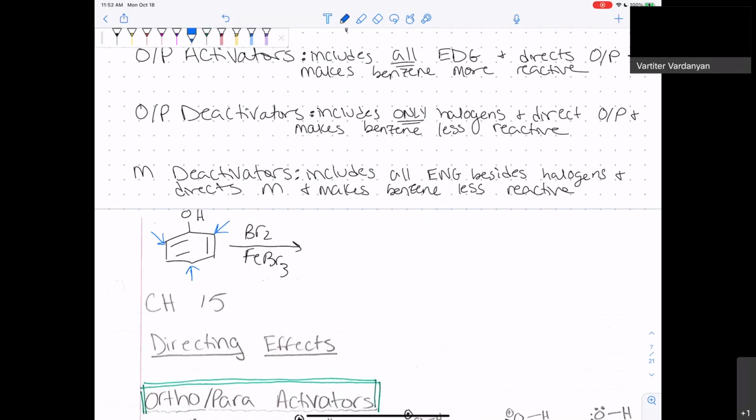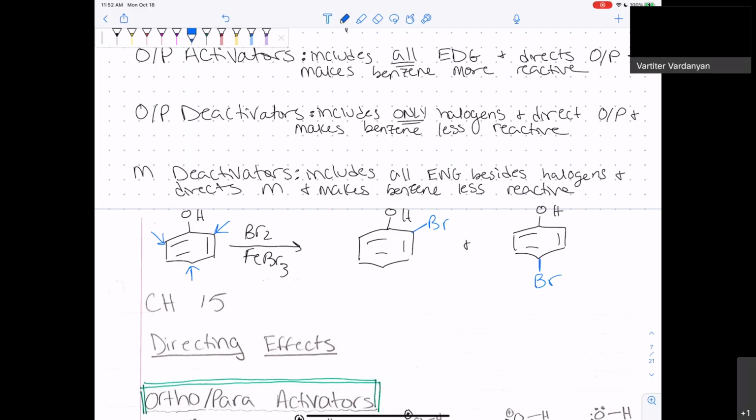So we can have two products, actually. We can have the ortho product, or we can have the para product.